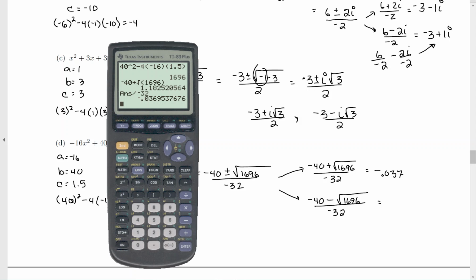And we're going to do negative 40 minus that same square root of 1696, close parenthesis, figure that amount out, and then leave that amount and divide it by the negative 32. Don't round. We come up with 2.54.